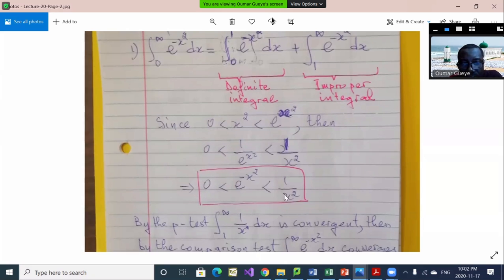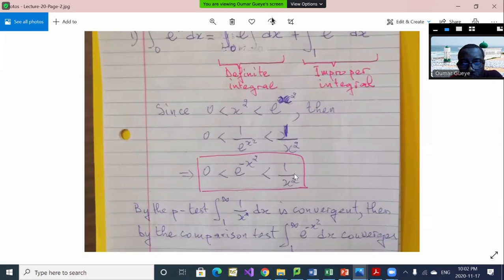Now I have my function similar to the function coming from the p-test. That's what I told you. You have to compare your complicated integral with an integral similar to one coming from the p-test. And based on the p-test, this integral is convergent because p is equal to 2. That's exactly what I have here. p equal to 2. That's why my integral is convergent.